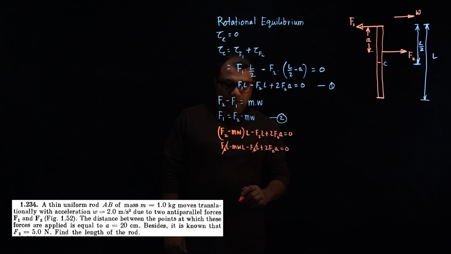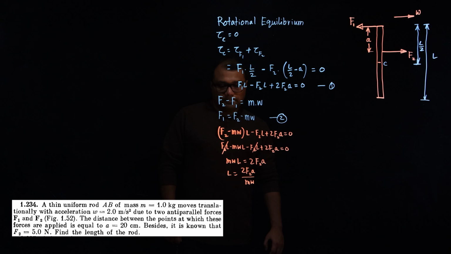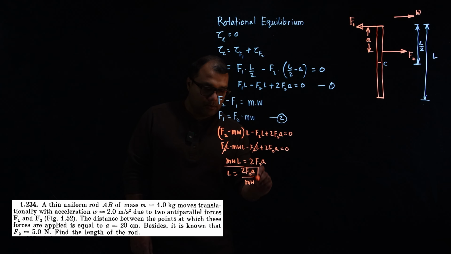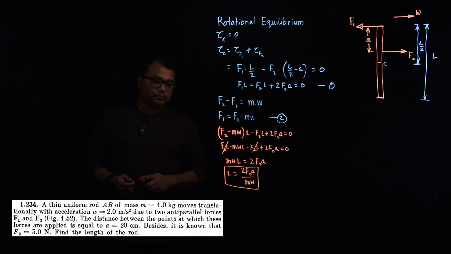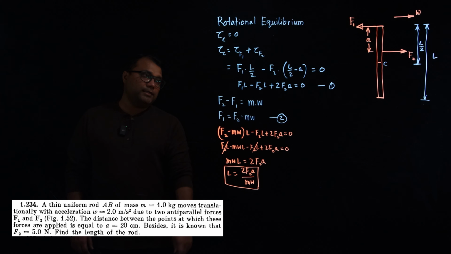F2L we can cancel. So, mwL is equal to 2F2A, or L is 2F2A divided by mw. So that is our answer. This is a very simple problem and that's our solution.